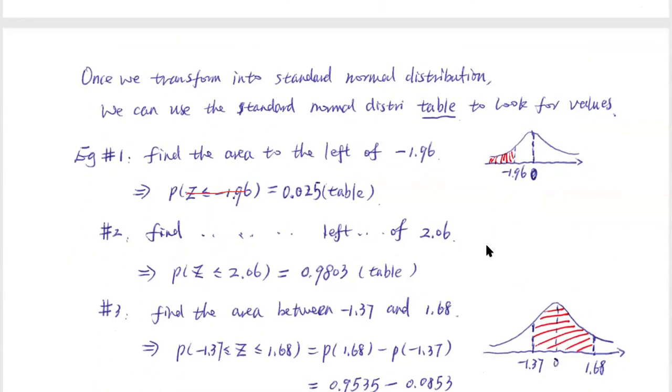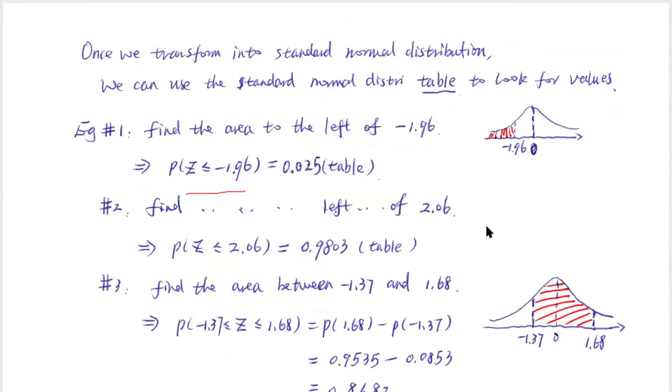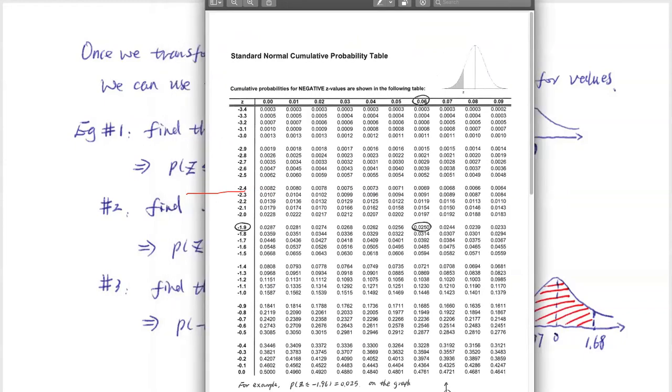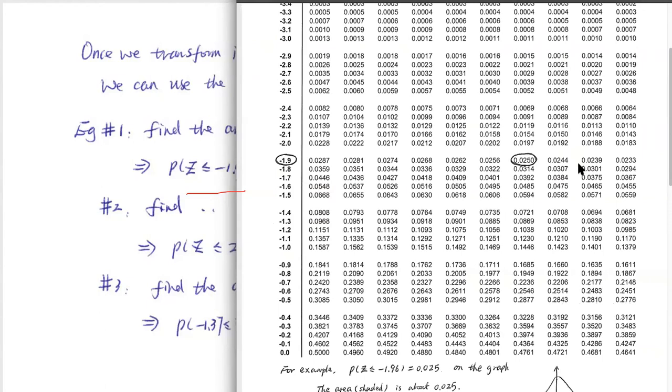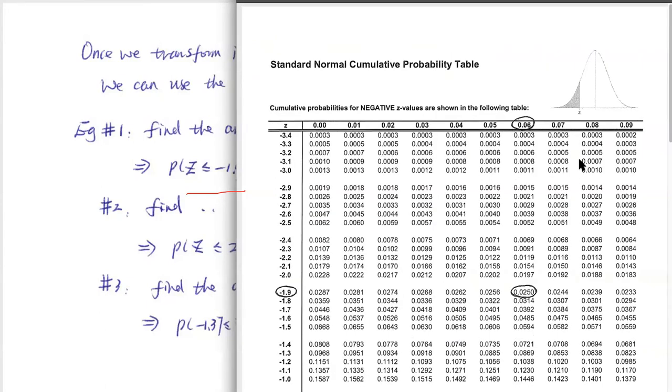This part is going to be very important. Why? Because here we want to use the standard normal distribution table to help us calculate probability questions. Which table am I talking about? I'm talking about this table. I'm going to upload this table, but you will see it here. It is called the standard normal cumulative probability table.